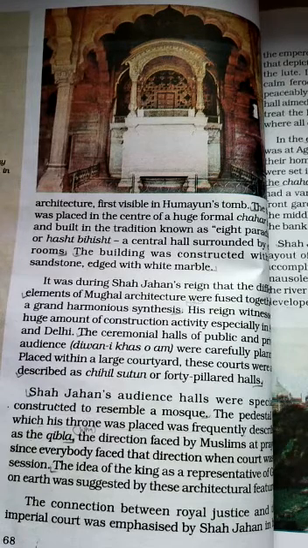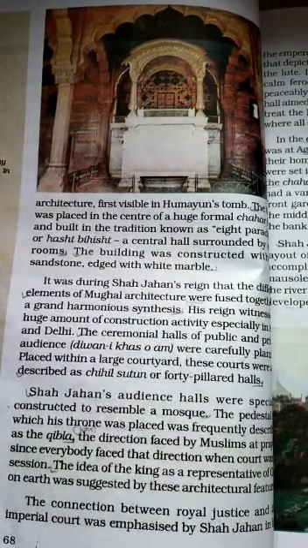Shah Jahan's audience hall was specially constructed to resemble a mosque. The pedestal on which his throne was placed was frequently described as the Qibla, the direction faced by Muslims in prayer, since everybody faced that direction when court was in session. The idea of the king as a representative of God on earth was suggested by these architectural features.